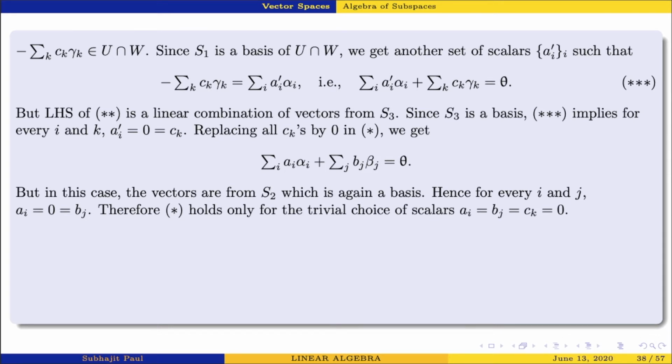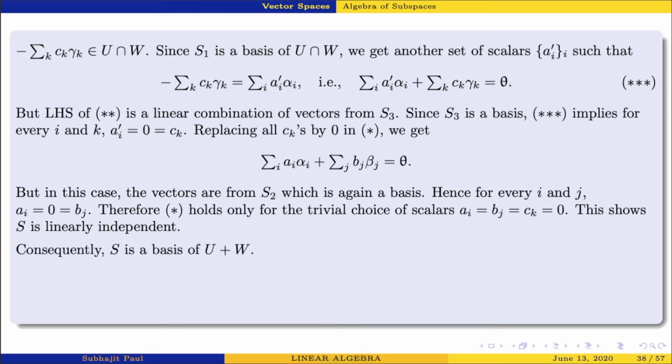All the scalars must be necessarily 0 in order to hold the relation sigma ai alpha i plus sigma bj beta j plus sigma ck gamma k is equal to theta. This shows that S is linearly independent. So therefore S is a basis of U plus W.